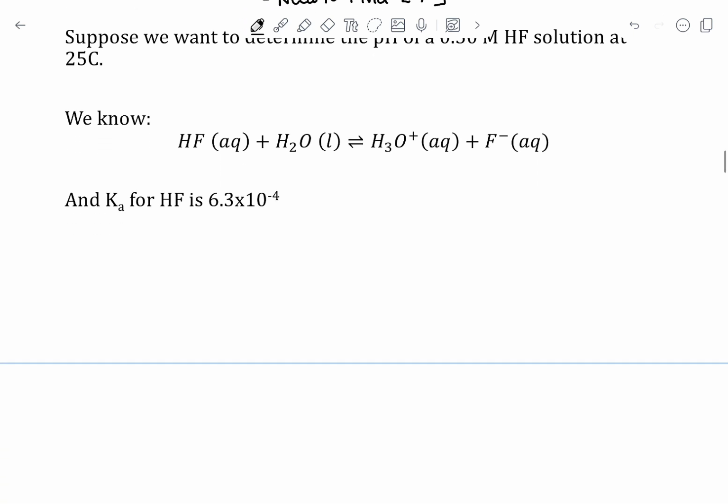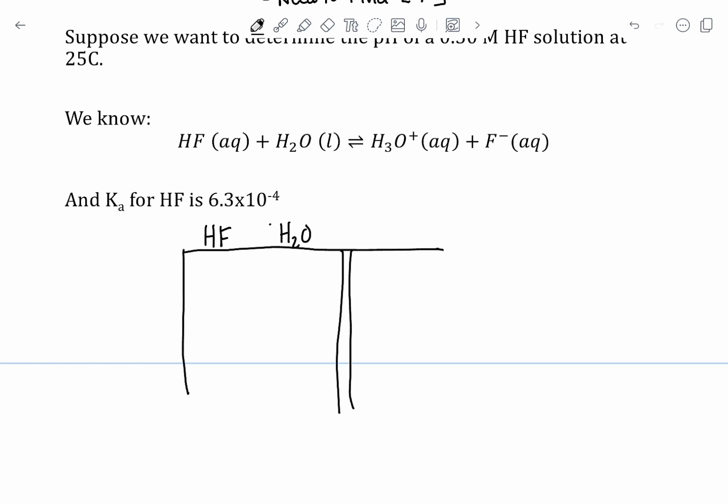So we're just going to start this problem like we do any other ICE table problem. We're going to have our table. We're going to have HF, we're going to have H2O. We're going to show our equilibrium.